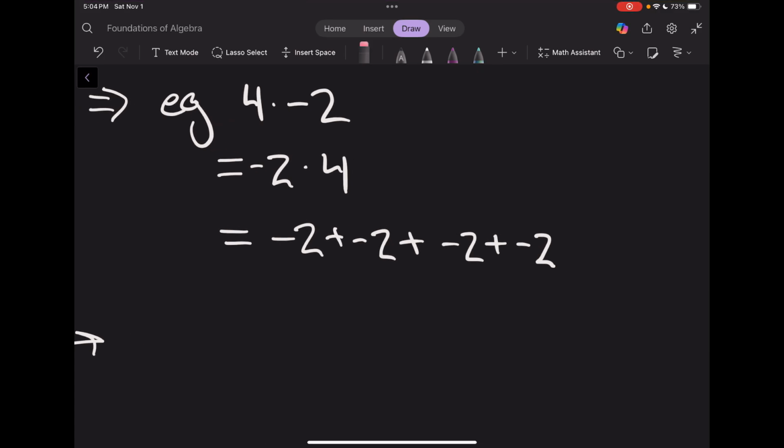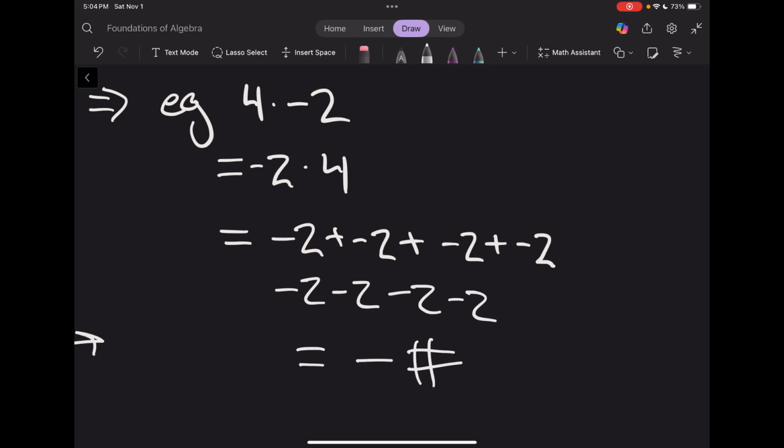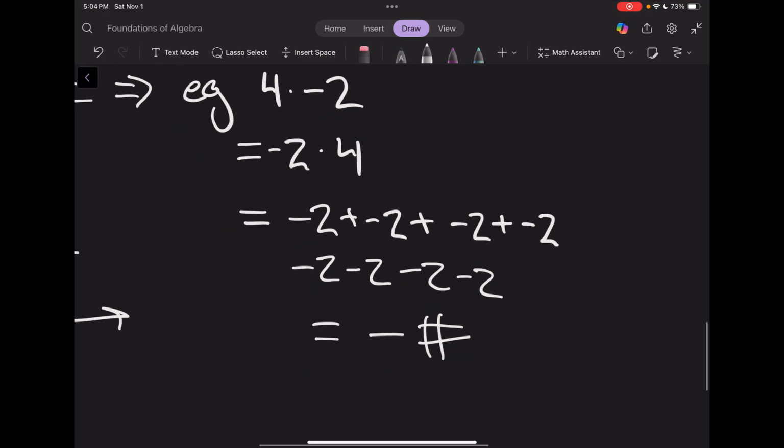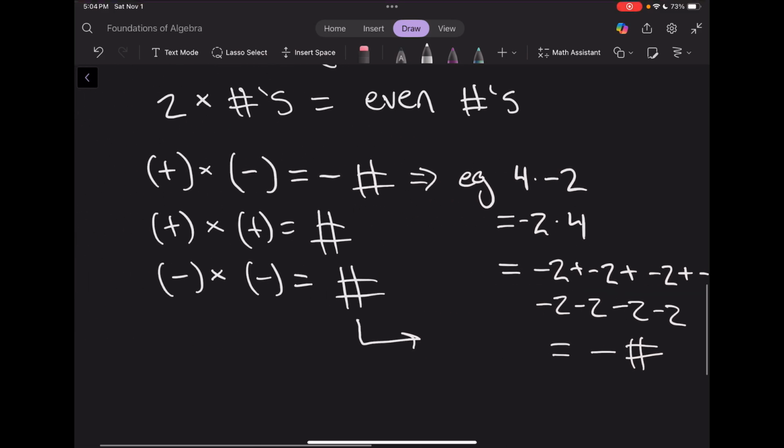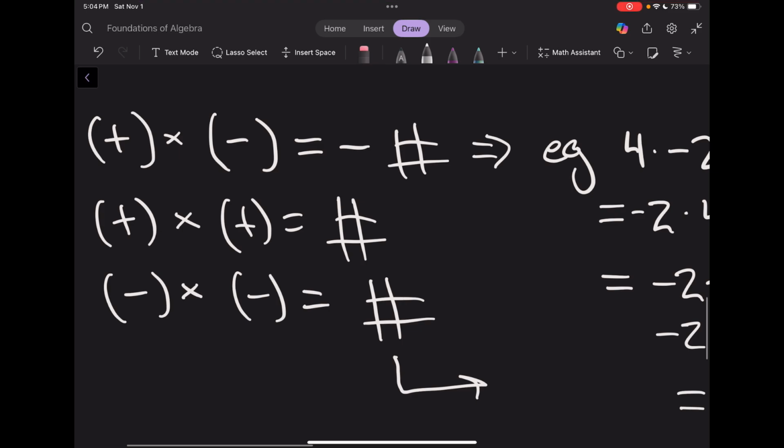But here, it turns into negative 2 minus 2 minus 2 minus 2. So we keep getting more negative, right? So when we have a positive number times a negative number, we're going to get a negative number as our answer. And when we have a negative number times a negative number, we're going to have a positive number as our answer.